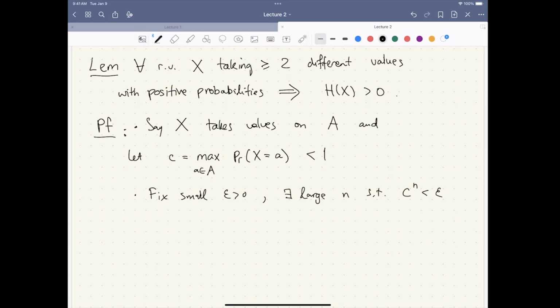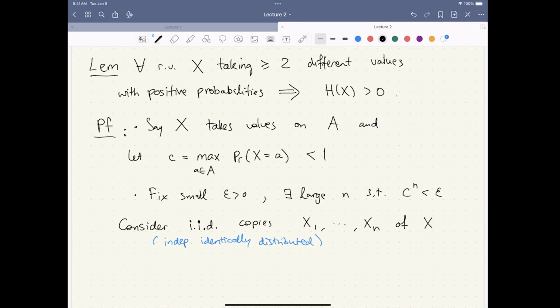We're going to consider IID copies, independent, identically distributed copies of the random variable X, let's say X1, X2 to Xn.